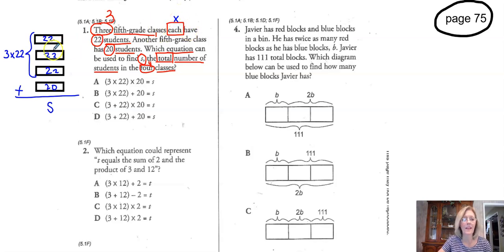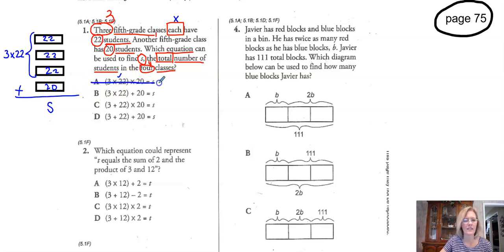So if I could find something that looks like this over here, I'll be good to go. Well, I have a 3 times 22. That works. But it says times 20. Am I going to do a times 20 with the 3 times 22? No. All I'd have to do is 3 times 22, and I'd need to add another 20 to that, wouldn't I? So that's not going to work.